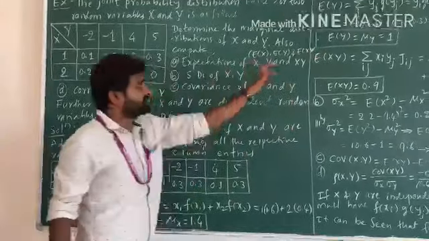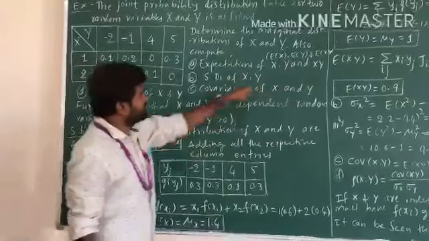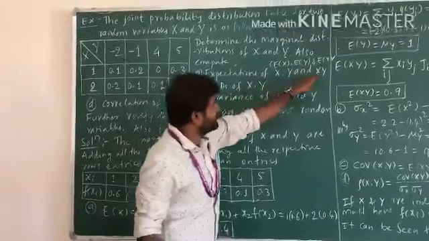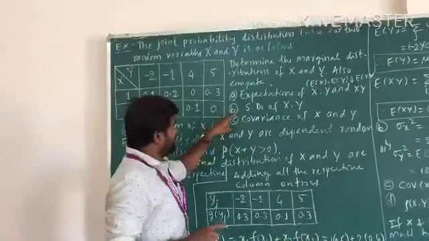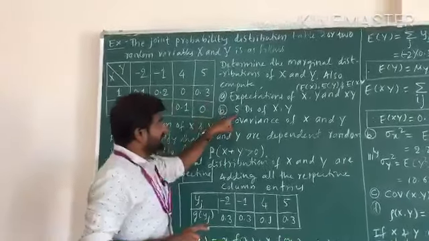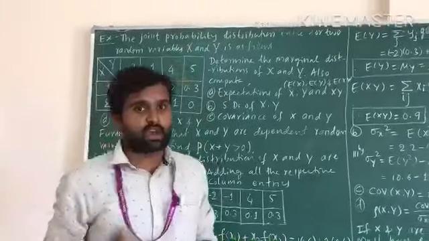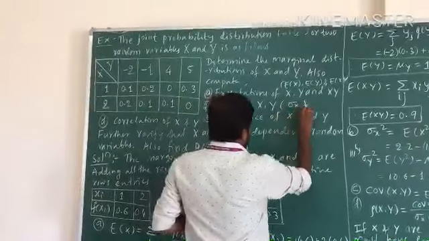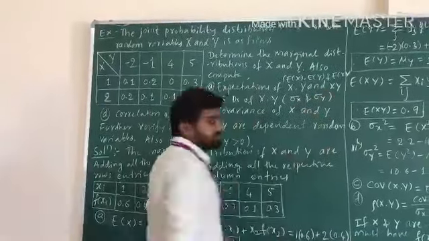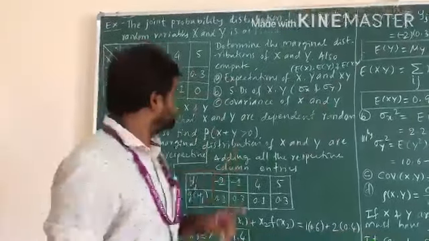We need to find these values. Then the second one: compute the standard deviations of x and y, nothing but delta x and delta y.